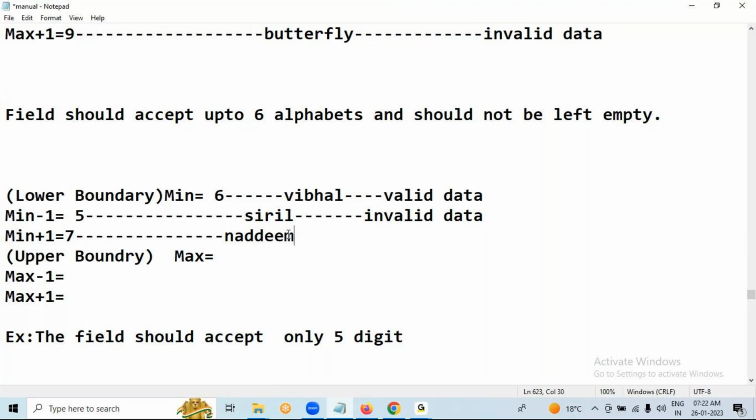Then one more alphabet, so it becomes 7. So you have to delete one D. We need 7 alphabets, so that's okay as long as they don't go back there. Yeah, so that's good. You can put this one as valid data.